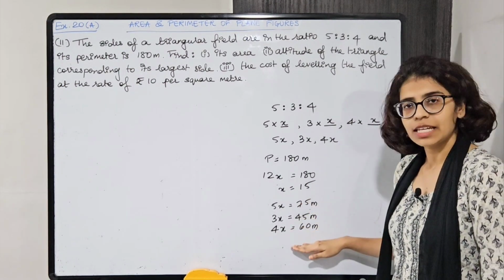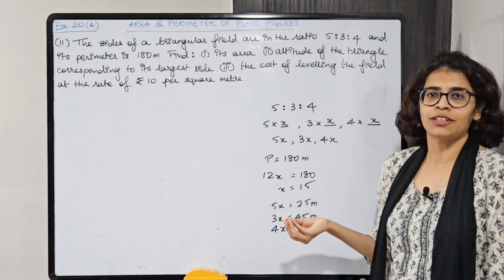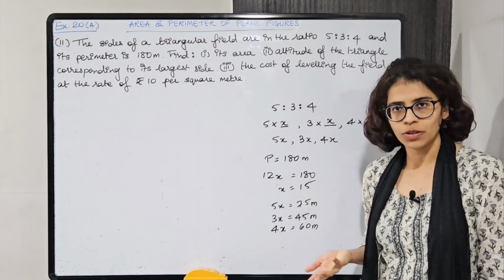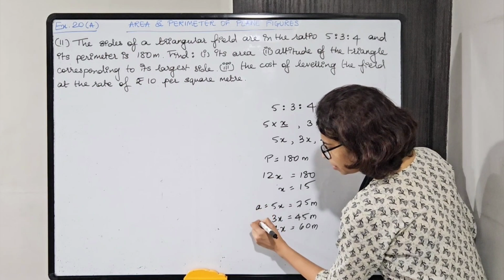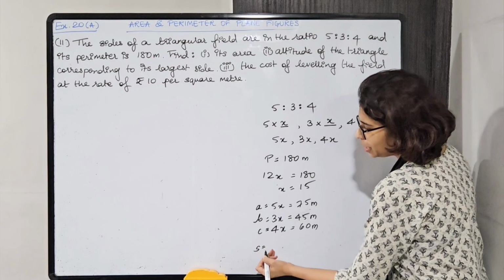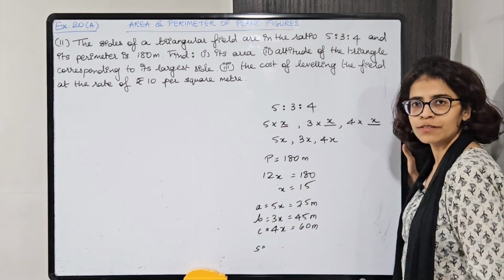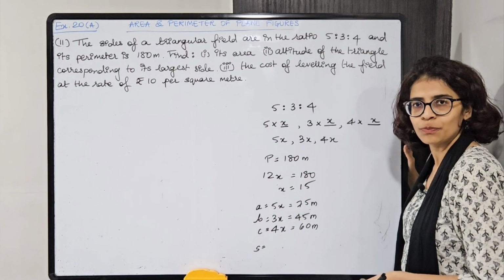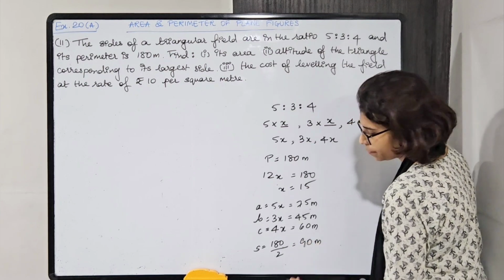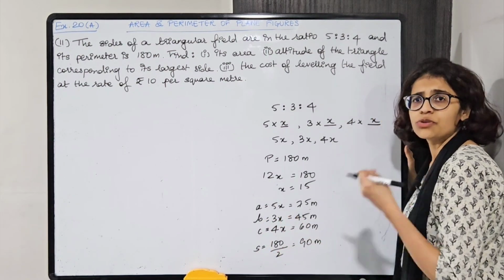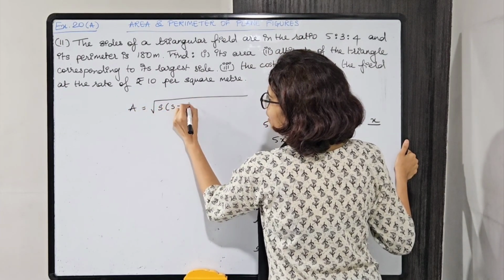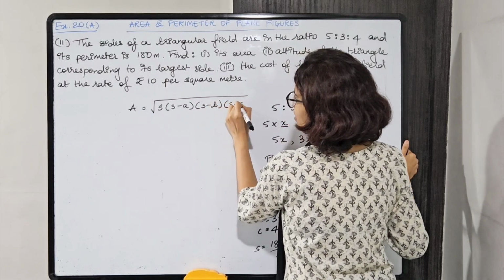These are the 3 sides. We got the 3 sides, then we have to find out the area. All the 3 sides are different, students, so which formula is applicable here? Heron's formula. So this will be a, this will be b, this will be c, and the semi perimeter is required. For the semi perimeter, simply divide the perimeter by 2. Why do you want to even use the formula? Simply divide the perimeter by 2, you will get the semi perimeter. So that will be 180 by 2, which is 90. You know all the values, you can easily find out the area using the formula root of s into s minus a into s minus b into s minus c.